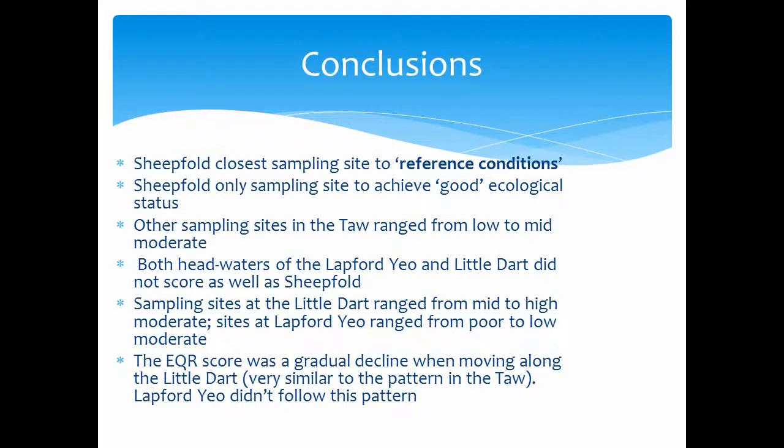So to conclude then, Sheepfold was the closest site to the reference conditions because it had a good ecological status. It had a value of 0.91 and the pass mark was 0.93, so it's very, very close. And it was the only site to achieve good ecological status.